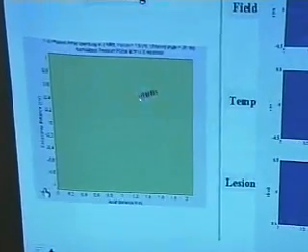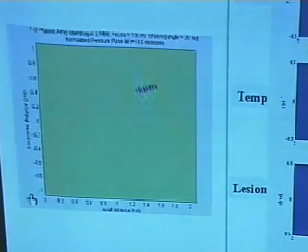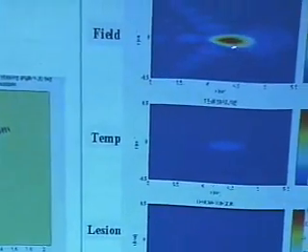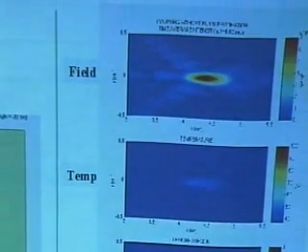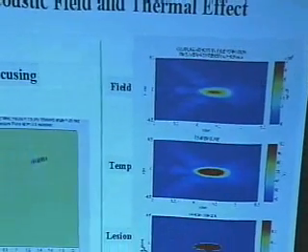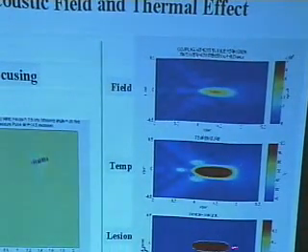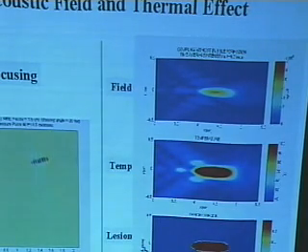Let's now take a look at this focal spot right here. That would be the field. You can see high acoustic pressures here and low acoustic pressures here. So with that kind of field, you're going to increase the tissue temperature, and as a result, a lesion is going to be formed. That's the principle of HIFU therapy.